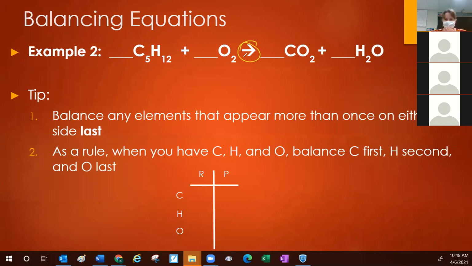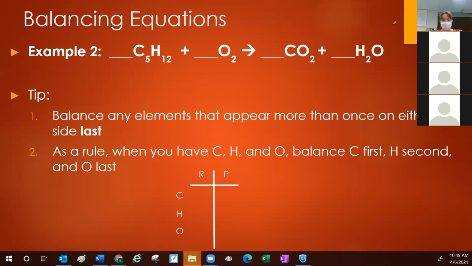So nothing weird there. But if you look on the right side, you'll see that carbon only appears once, hydrogen only appears once, but look, oxygen appears in 2 places. Those are often harder to balance. So I save those for last. So if you see something that appears more than once on one side of the arrow, balance it last. So you'll see I put oxygen last in my list here.